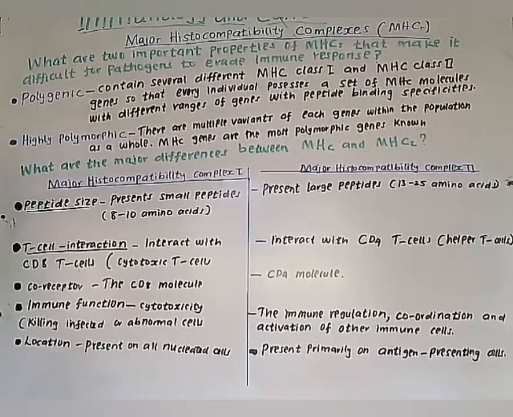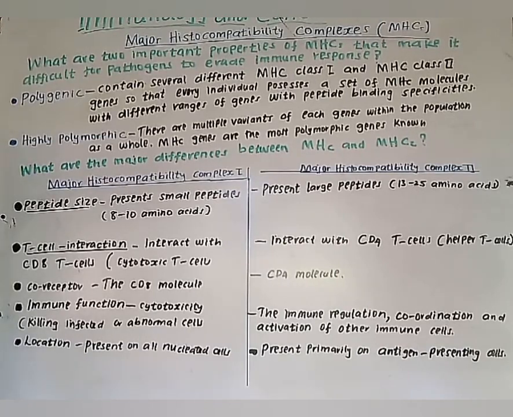Peptide size. Major histocompatibility complex 1 presents small peptides, that is 8 to 10 amino acid residues. MHC2 presents large peptides, that is 13 to 25 amino acid residues.